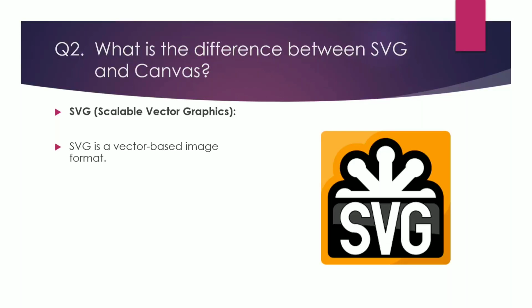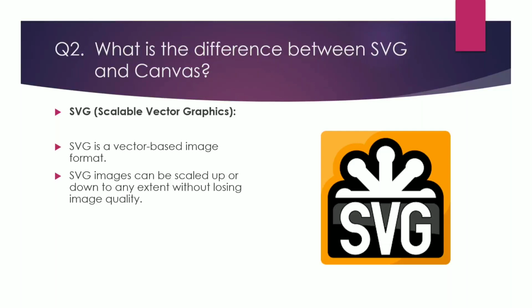When you will be displaying some basic icons like add, delete, these kinds of icons are usually vector based or SVG. SVG images can be scaled up or down to any extent without losing image quality. That's the main power of SVG.